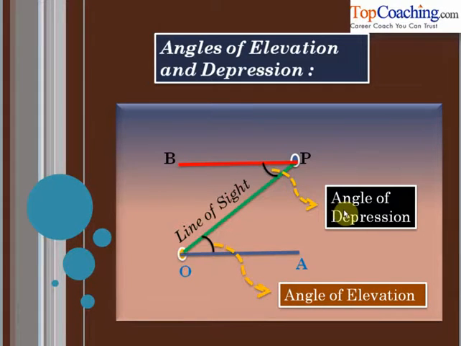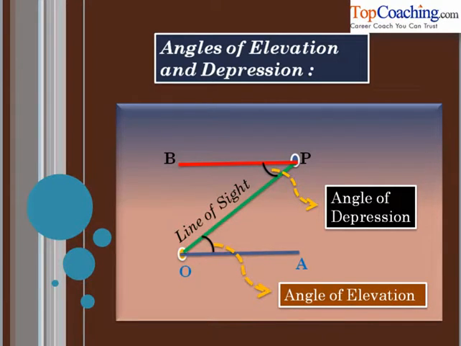Now what we see is that OA and PP are two parallel lines and OP represents a transversal. Therefore these two become the alternate angles, and we know that alternate angles are always equal to each other. Therefore angle of elevation is always equal to angle of depression. So always angle of elevation is equal to angle of depression.